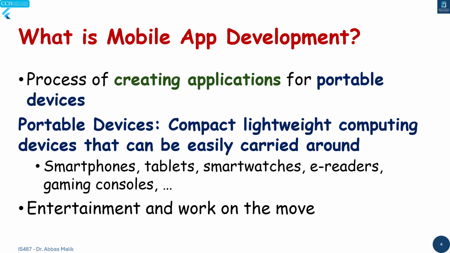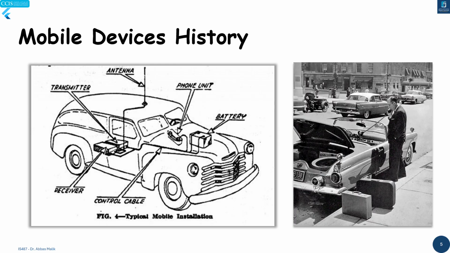So having said that, let's dive into a little bit of mobile device history. This is a mobile phone from the 1940s. It is a car phone which has a transmitter, antenna, and receiver. Then we also need to connect that with a battery as the power source.